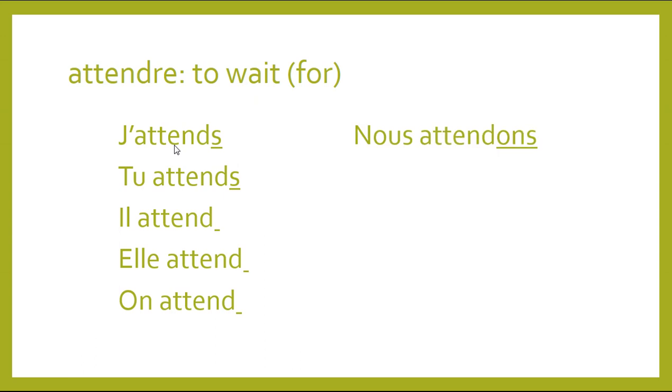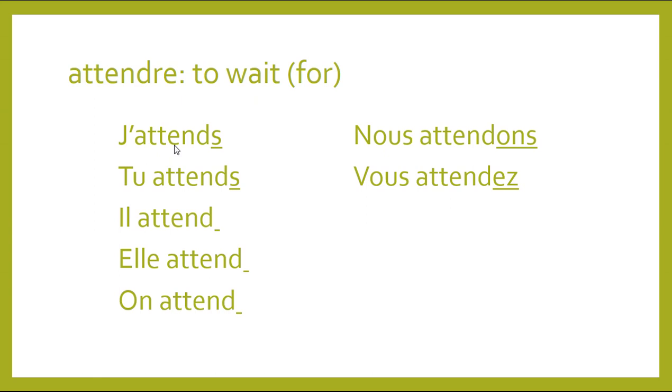Nous attendons. For this one, we took off the RE to find our stem and then added ONS. Nous attendons. We wait. Vous attendez. For this, took off the RE to find our stem, and then added EZ to the end.